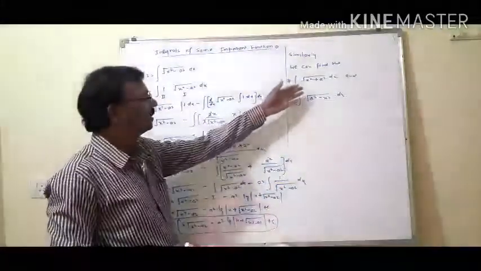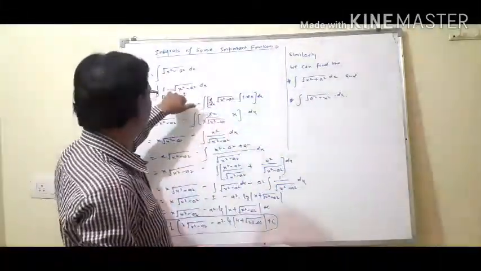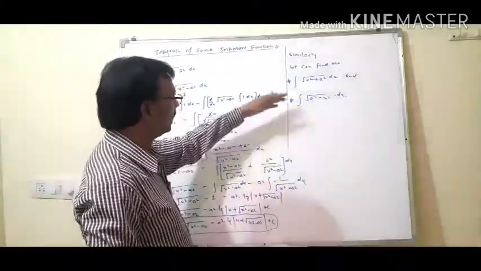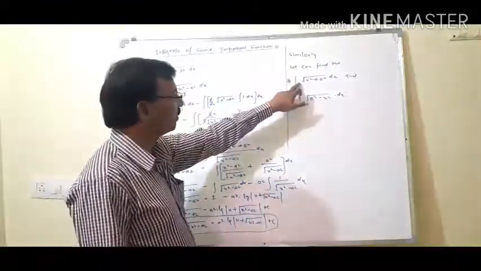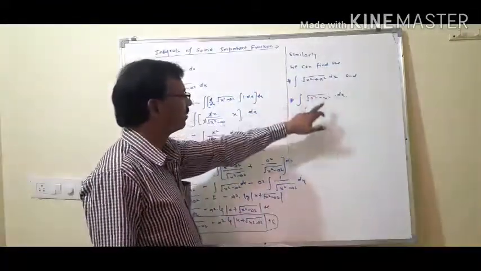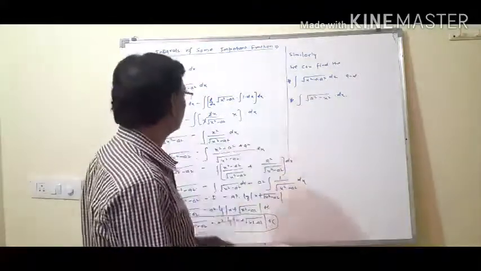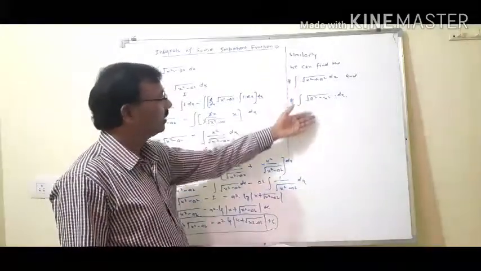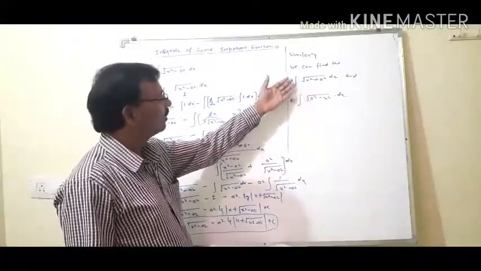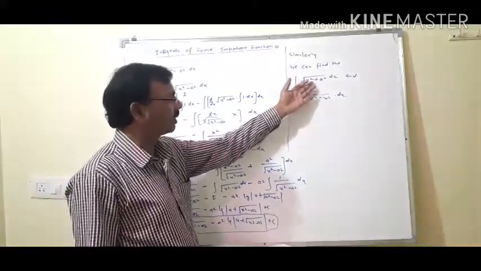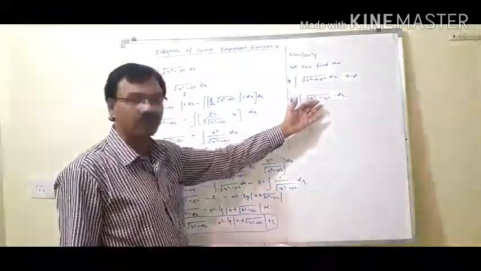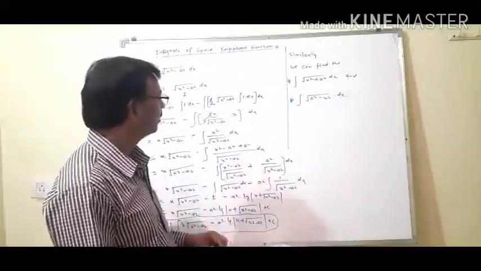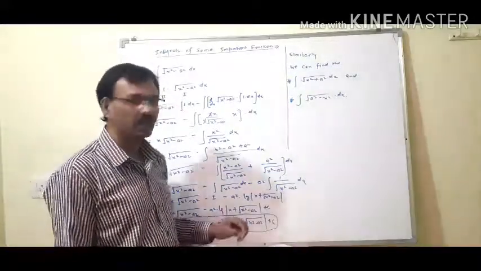In both functions, first we should multiply by 1, then consider 1 as the second function and root under x square plus a square or a square minus x square as the first function. Then apply the Euler rule and find the value of the integration of root under x square plus a square and the integration of root under a square minus x square. Now, in the next video, we will take some examples related to this topic.